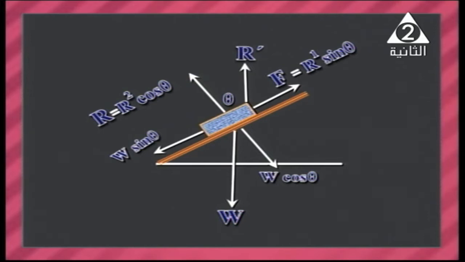At first, the body has its weight W. We resolve W into perpendicular axes: W cosine theta and W sine theta. Look at R dash, the resultant reaction, which has two components. The first, F equals R dash sine theta, and the second, R equals R dash cosine theta.